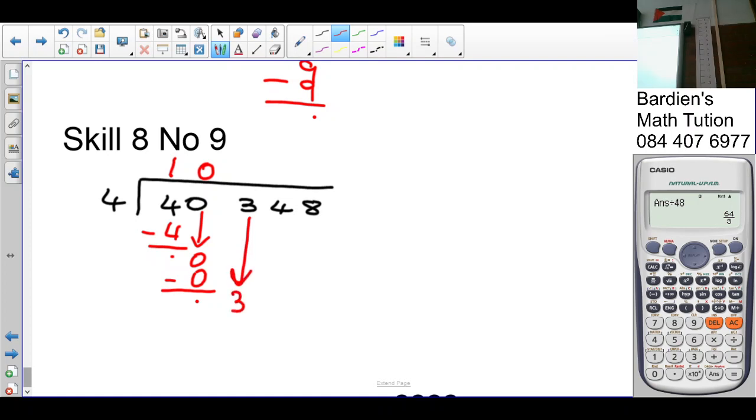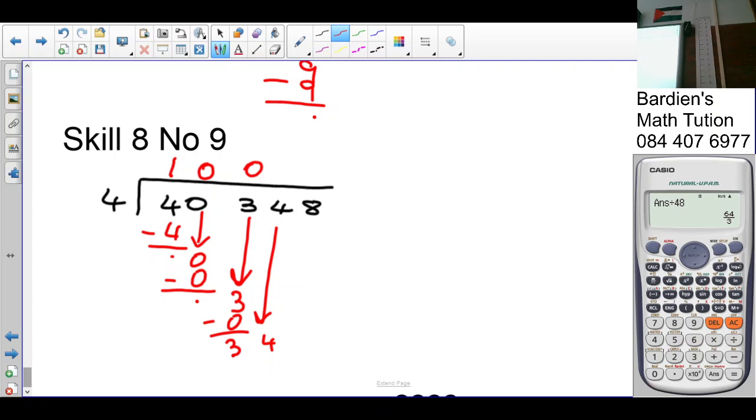Get it down there? 3. 4 goes into 3 how many times? Can't. Oh, sorry. 0 times 4? 0. Get it down there? 4. 4 going into 34 how many times?